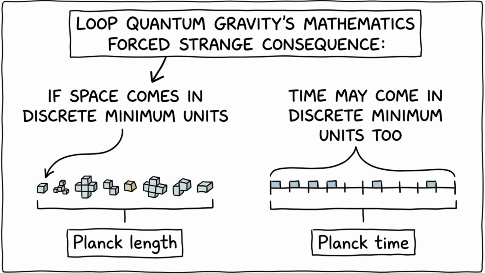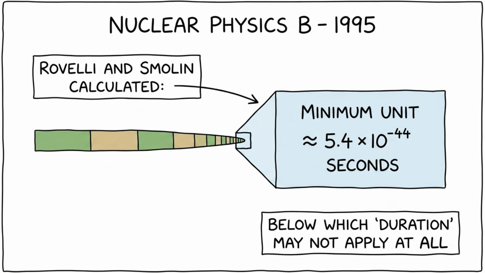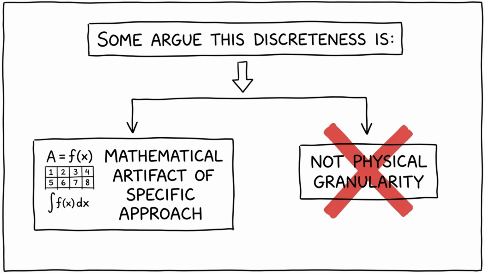Rovelli and Smolin, in papers through the 1990s, including their 1995 work in Nuclear Physics B, calculated a minimum unit near 5.4 times 10 to the negative 44 seconds, below which the very concept of duration may not apply at all. Some argue this discreteness is a mathematical artifact of the specific approach, not physical granularity.